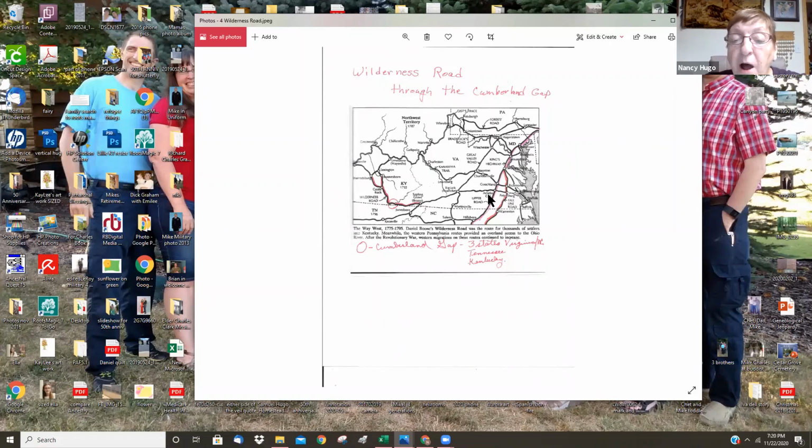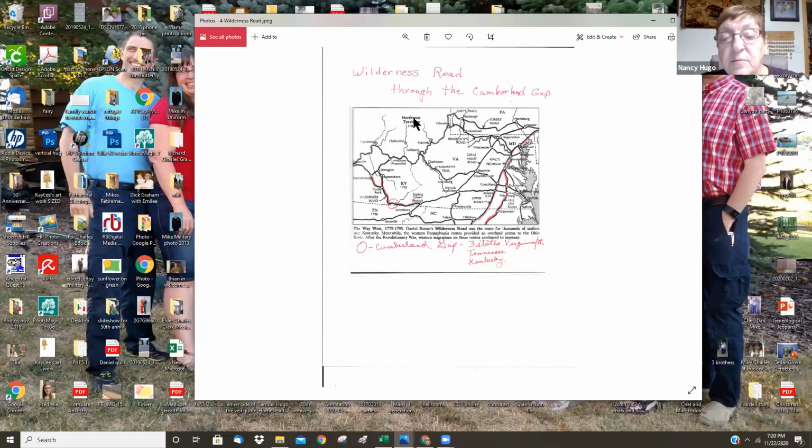Now, other people wanted to go to Kentucky, but they mostly went over to the rivers and went on a river down into Ohio. And they called Ohio the Northwest Territory because it was as far west and as far north as they knew about. I definitely don't think of Ohio as being Northwest, but that's what they called it.